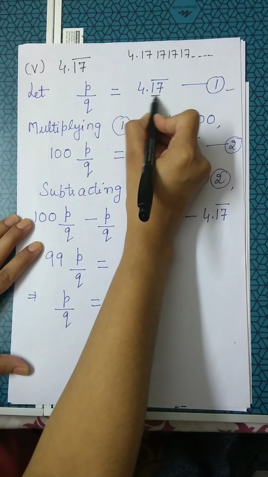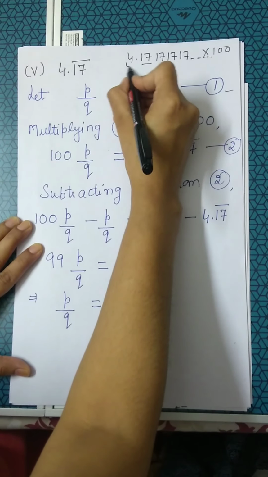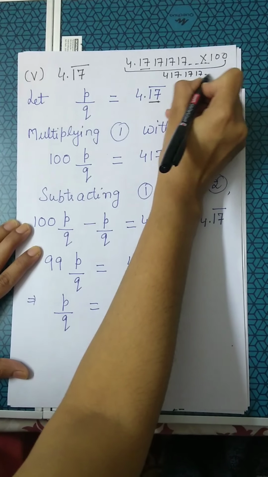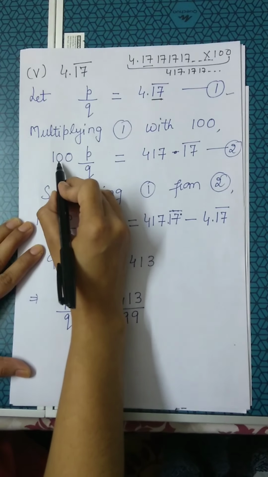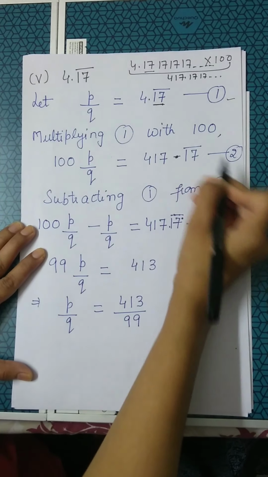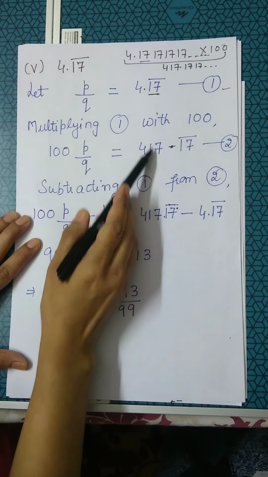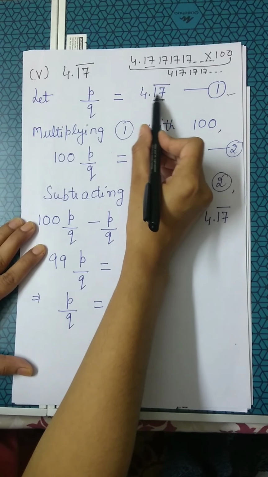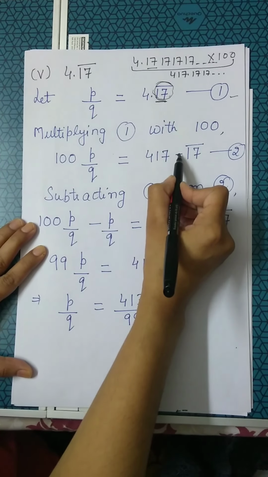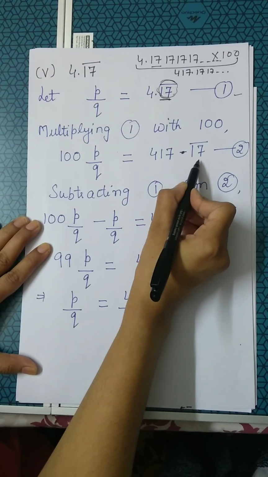Now since two digits are recurring, I will be multiplying this by 100. When I multiply this by 100, I will get 417.171717, and so on. That means I can write 100 P over Q is equal to 417.17 whole bar. This is equation number 2. Now subtracting 1 from 2, because immediately after the decimal, the digits have a bar on them in both, this can be cancelled out.